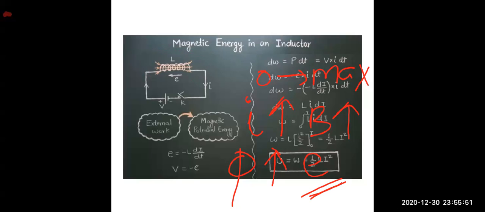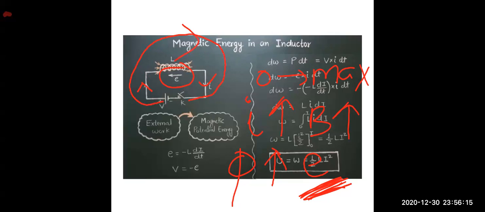And according to Lenz's law, the direction of this induced EMF will be such that it will oppose the increase in the current. So the induced EMF will be in the direction opposite to the flow of current. We know the current will flow from the positive terminal through the circuit to the negative terminal.